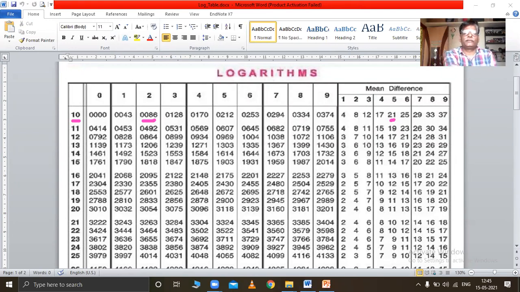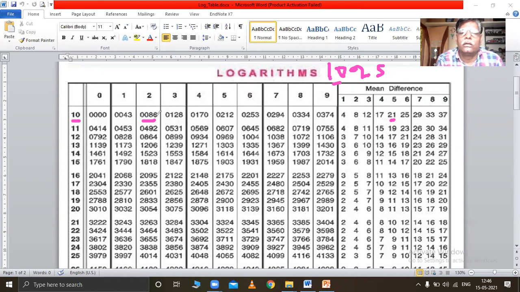What is the total? 0107. This is the number 1025. 10 is the first column, 2 is the second column, and for 5 in the mean difference, it is 21. In this way, you see the logarithm table.